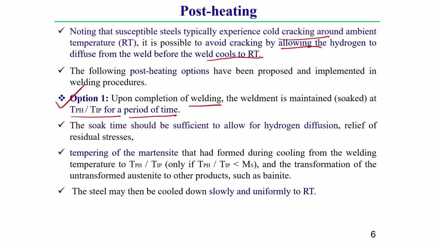So, here after completion of welding, we generally hold the preheating temperature for a particular time. The soak time should be sufficient to allow hydrogen to diffuse out and also relieve residual stress. That means this soaking time should be such that residual stress is minimized, as well as hydrogen diffuses out from that zone.